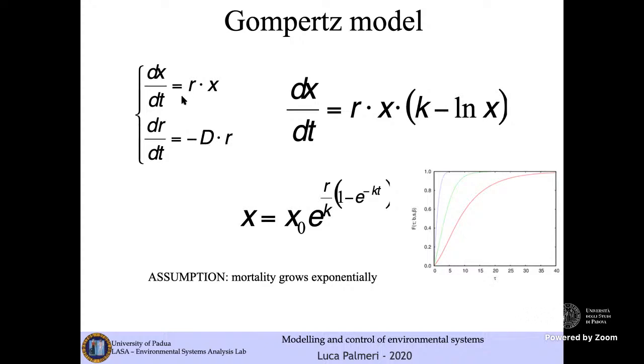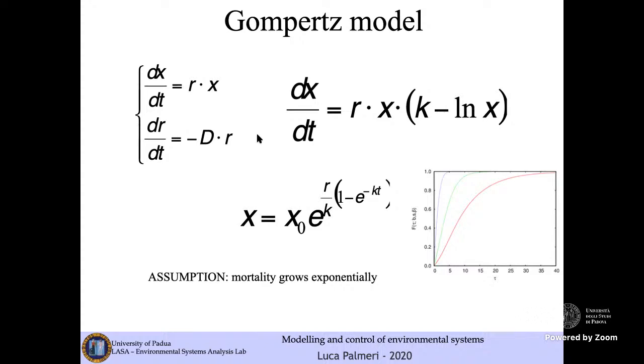So here you have a system of two differential equations. Both are first-order differential equations. The first one is exponential growth, the second one describes growth limitation by describing the fact that the growth rate R decreases exponentially as the population increases.